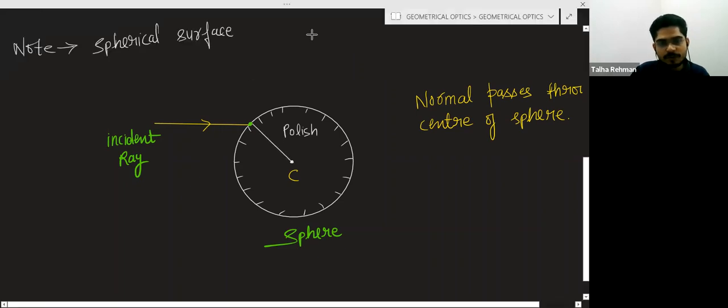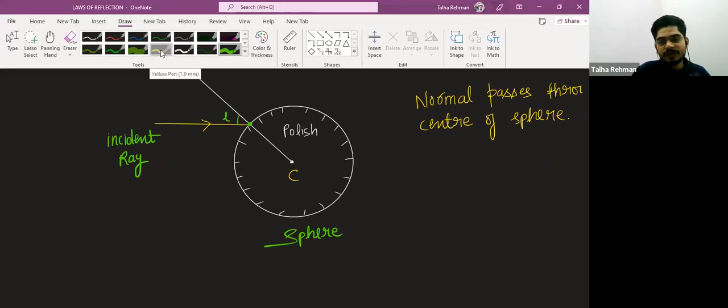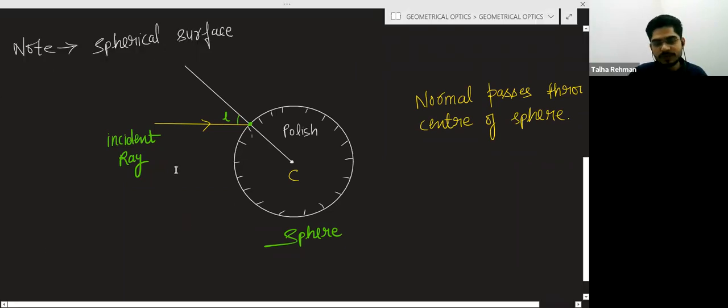Normal will always pass through the center. If this is the angle of incidence I, then there will also be an angle of reflection. This light is striking the surface here. This is the normal and this is the angle of incidence.